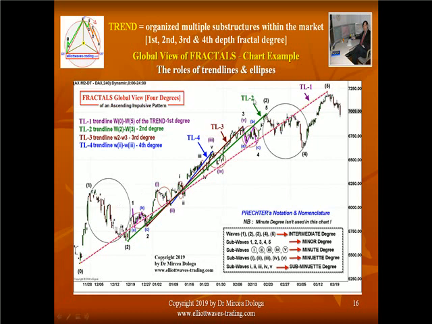Then we have TL2, which is the trend line of the wave W3 parentheses, with the allocated corrections. This is the first ellipse of W2, and this is the last ellipse of W4. And going even deeper, we have right here TL3, the trend line of the wave 3. And the same thing, going deeper, we have the trend line of the triple I parentheses.